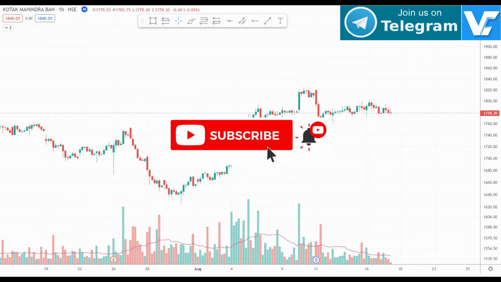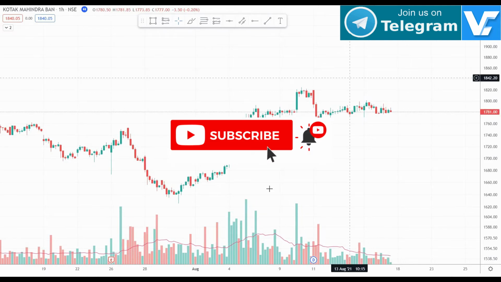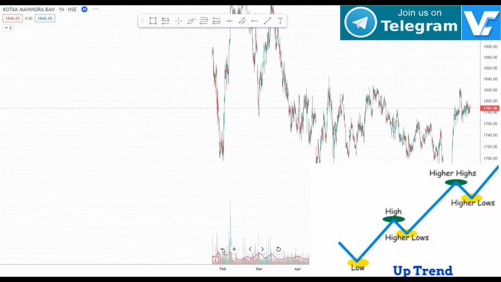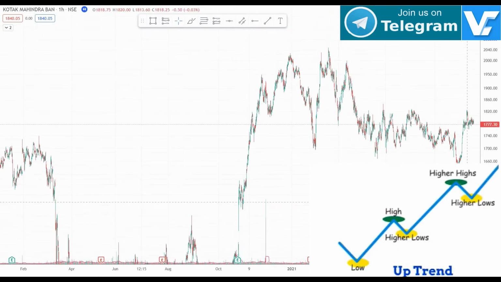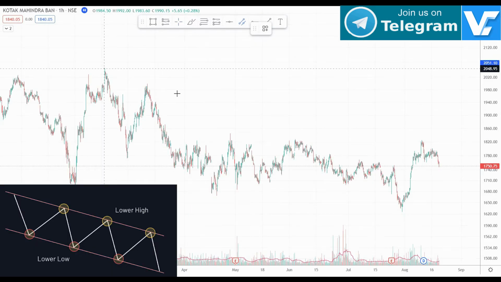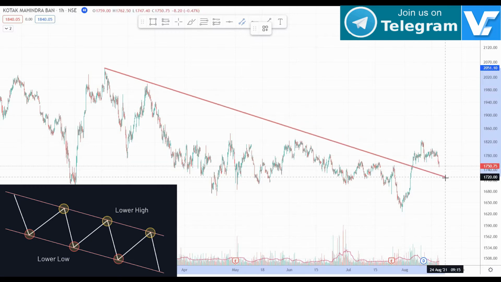First of all, we need to find the market trend. From the long term perspective we can see the market is in a bullish trend. Then we can draw a parallel channel to understand the market movement.